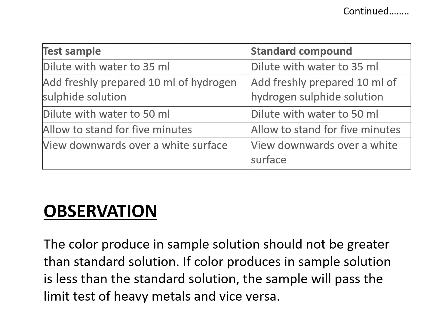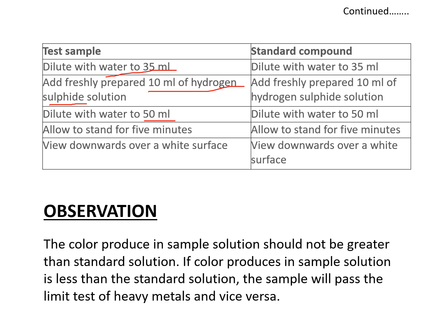After the preparation of test solution and standard solution, we have to dilute both the test and the standard with water to 35 ml. Then add a freshly prepared 10 ml hydrogen sulfide solution. Then dilute with water to 50 ml.